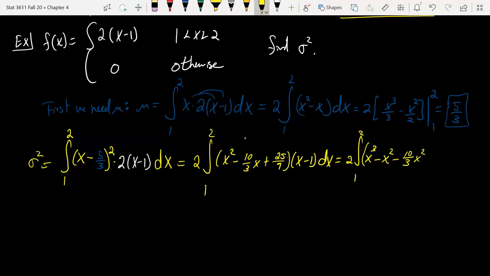Negative 10/3 x times minus 1 is plus 10/3 x. Careful there, the negatives cancel.